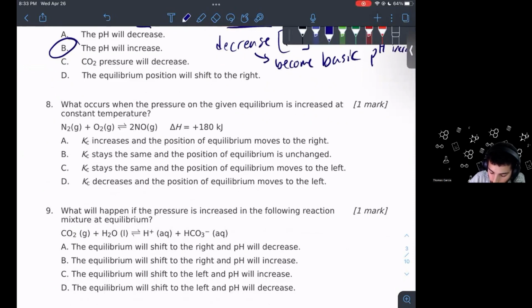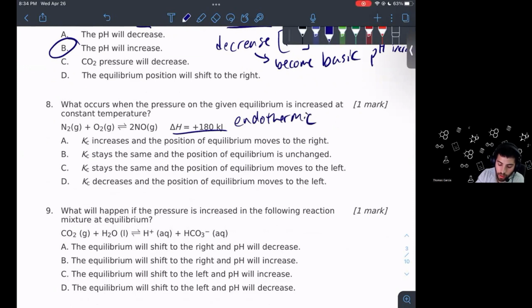All right. Number 8. What occurs when the pressure of a given equilibrium is increased at constant temperature? So we're given pretty much the same equation we have this whole time, nitrogen and oxygen forming nitrogen monoxide. We're given a positive enthalpy value, meaning that this equation is endothermic.